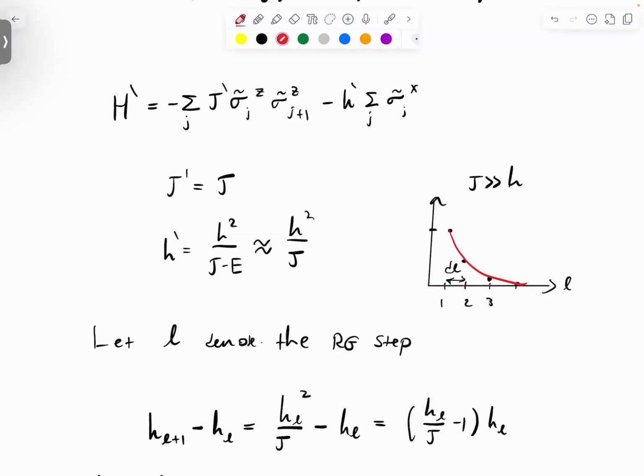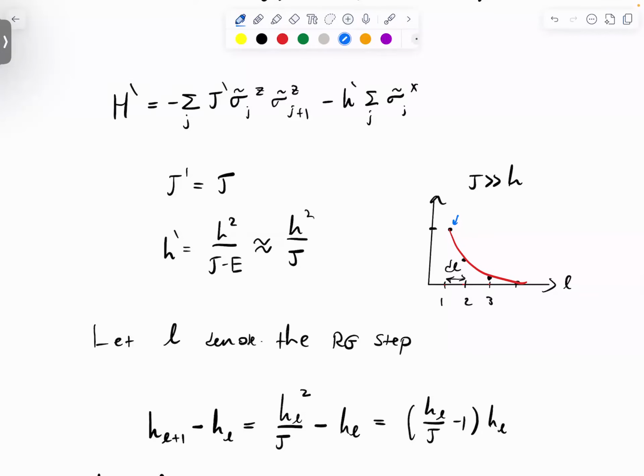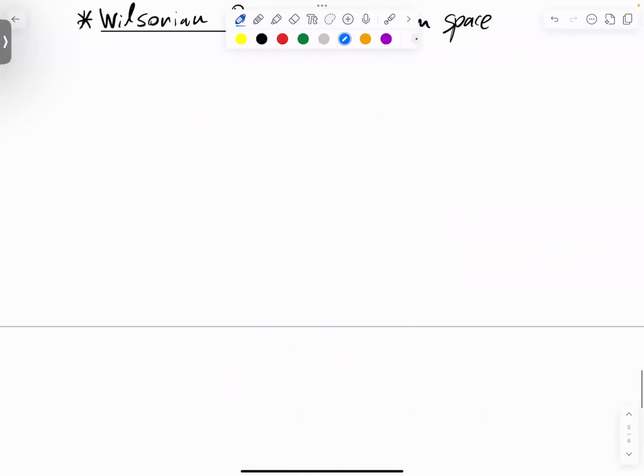Here, if you like, is the microscopic scale, and over there is the thermodynamic limit, macro. The fact that there is a first step here actually implies that there is a cutoff. That's where we start the method. So the same kind of thing happens in momentum space.